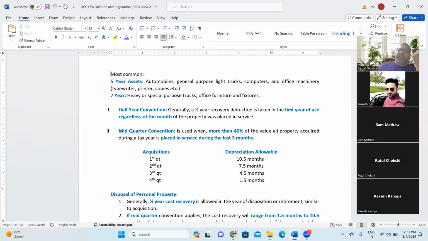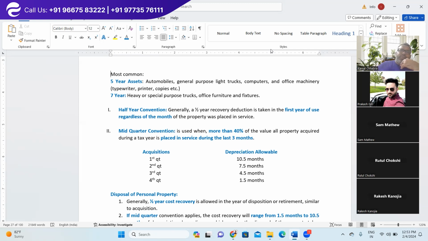Second option, the taxpayer can choose the mid-quarter convention. In that scenario, whatever asset is purchased in the quarter, for that particular quarter, half-quarter depreciation is allowed, even though it is starting from day 0.